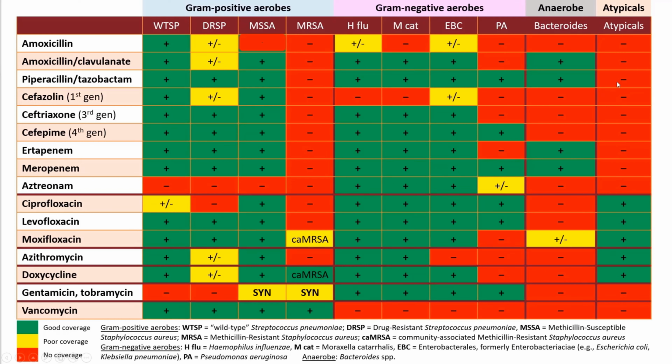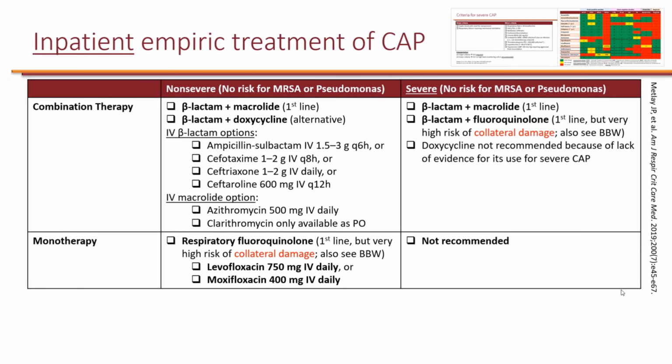So by combining the beta-lactam with either azithromycin or doxycycline, you also get that extra atypical coverage. And in the literature, we have seen that this combination can actually reduce mortality.